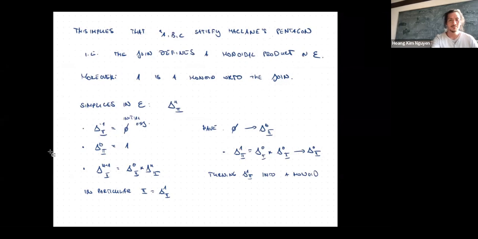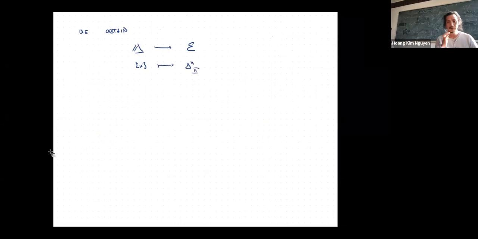Right, so the point now is that because we have this monoid in E, we obtain a functor from the free monoid. So we obtain a functor to E. And in particular, what this will give us is simplicial maps.